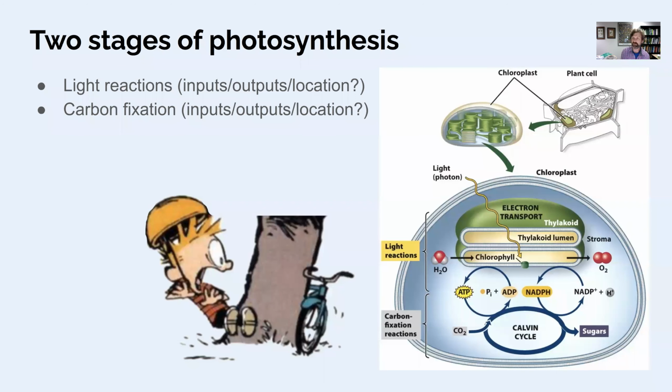Okay, so up to this point, we've been talking about what is called the light reactions of photosynthesis. So the process of getting light from the environment, using that to split water, and then make these high energy molecules of ATP and NADPH. These are all the light reactions. And the light reactions are kind of half of the process, because those ATP and NADPH molecules are short-term energy.